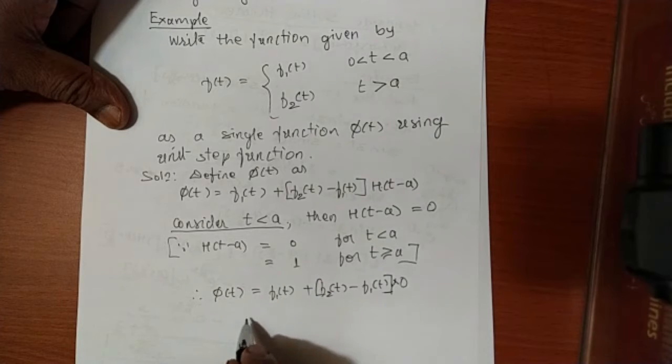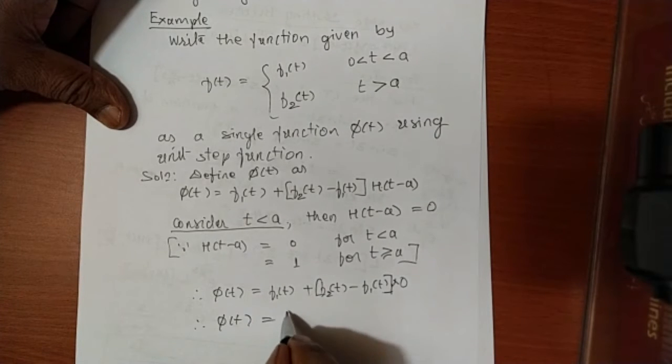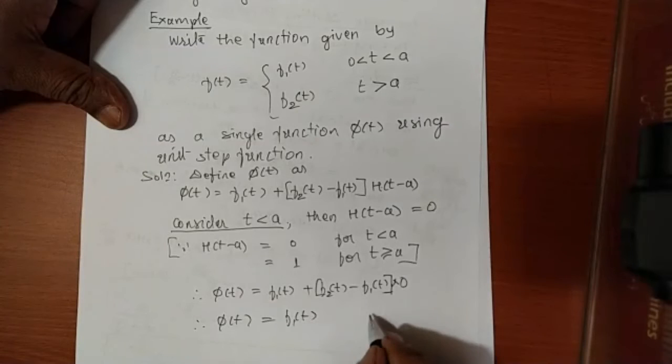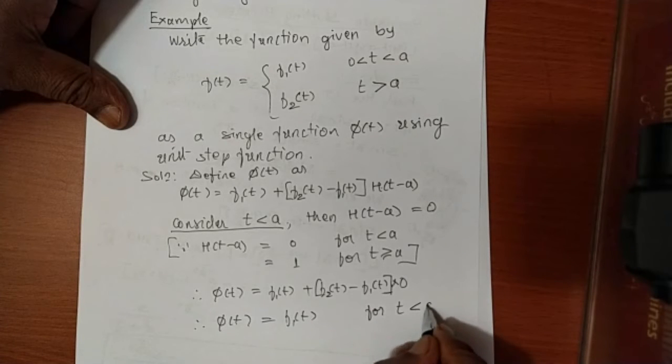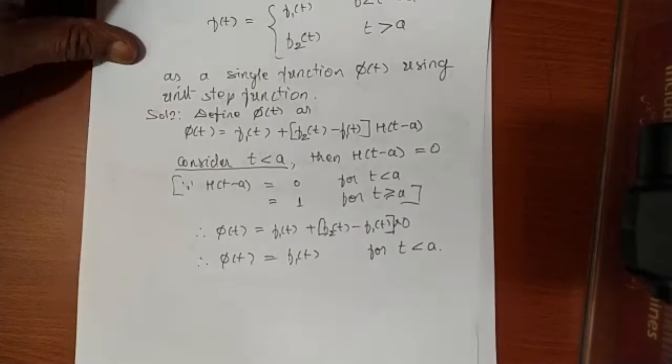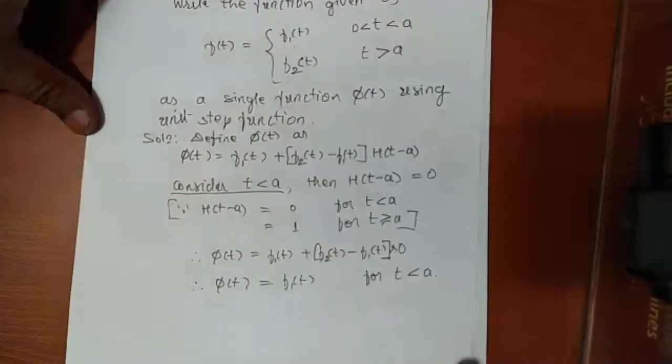Therefore, phi t will be equal to f1t for t less than a.